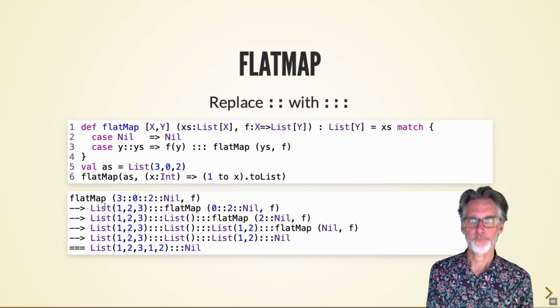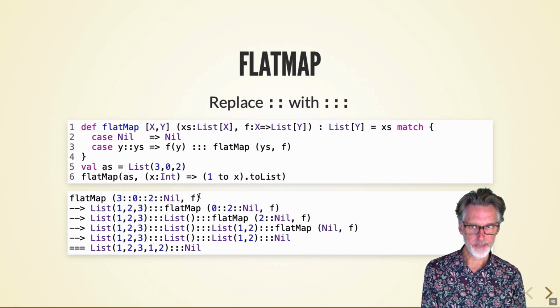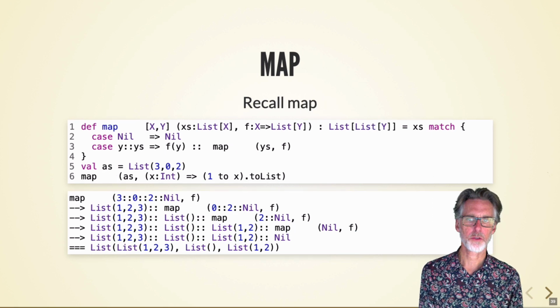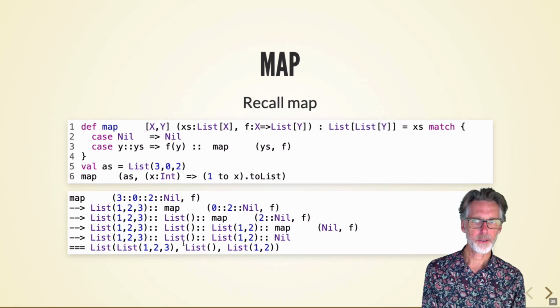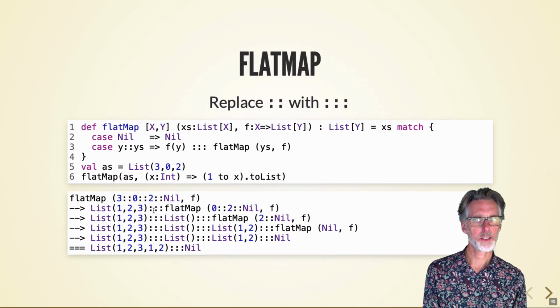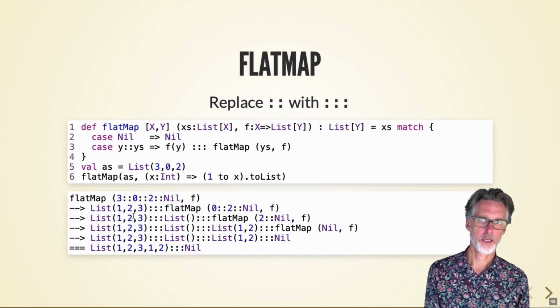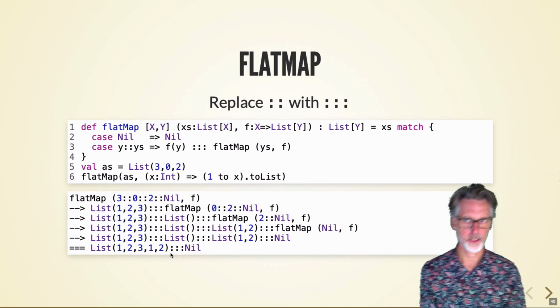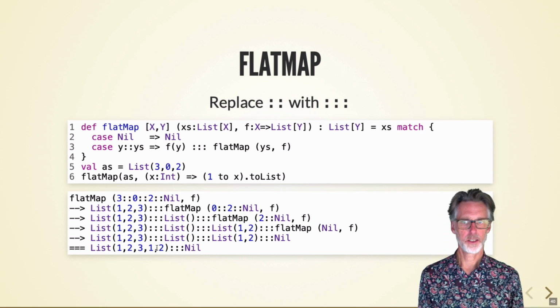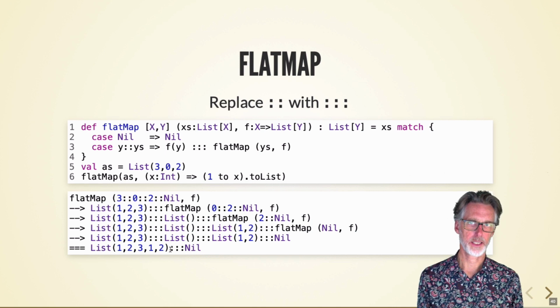In this case, if we apply flat map, we'll get the same result we had with map. The only difference is that we're going to append all of these lists together rather than consing them all together. And append doesn't create any new cons cells. So the resulting list here is going to have these 5 elements in it.